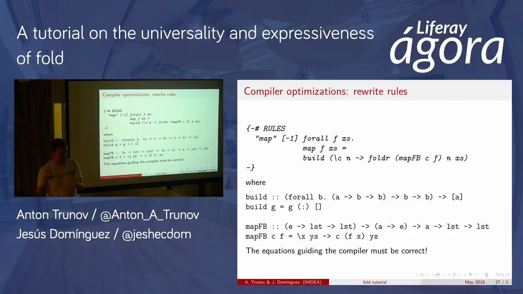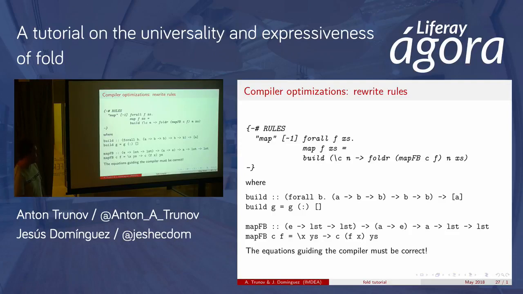So, for example, if you have two maps over a list, it doesn't really make sense to traverse the list twice in memory. It makes sense to traverse it once, but with the composed function. It's a trivial optimization, and a good compiler should do that. In some languages, like Haskell, it's governed by these rewrite rules.